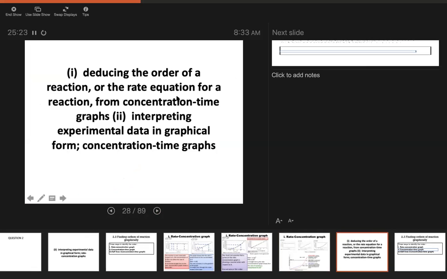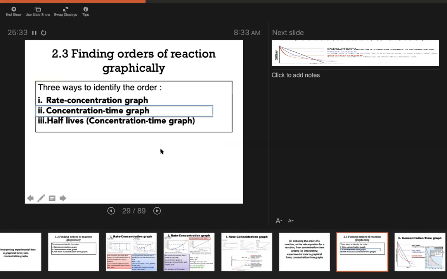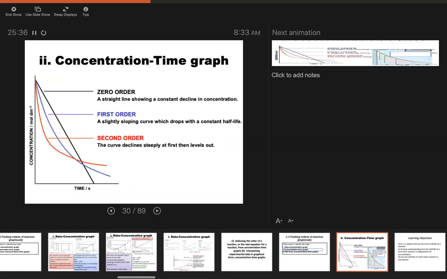Deducing the order: the next learning objective is deducing the order of a reaction from a concentration-time graph. So this is a different graph now, the second graph, and it will look different. This is how a concentration-time graph looks. Just to recap, if we plot the concentration of reactants over time, you start at a certain concentration, and over time the concentration decreases.